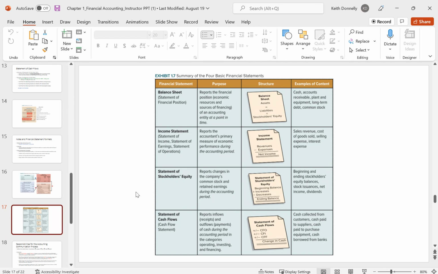One thing I do want to mention when we're talking about the financial statements, this is important. You can see that receivables are an asset on the balance sheet. Payables, in distinction, are a liability on the balance sheet. What does that mean?